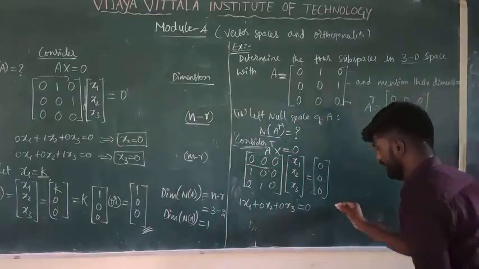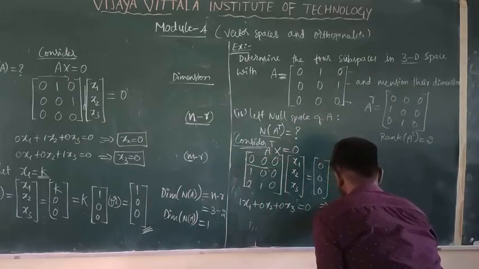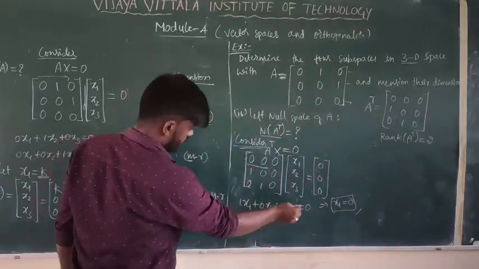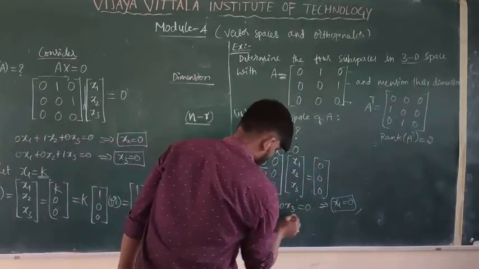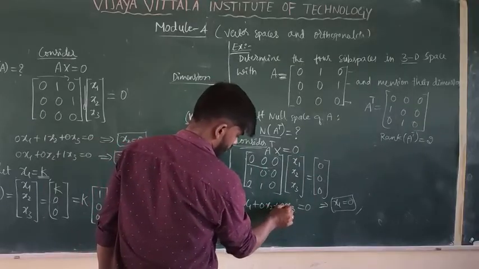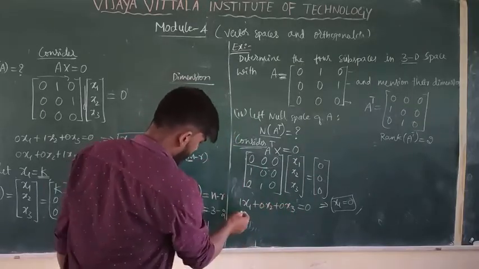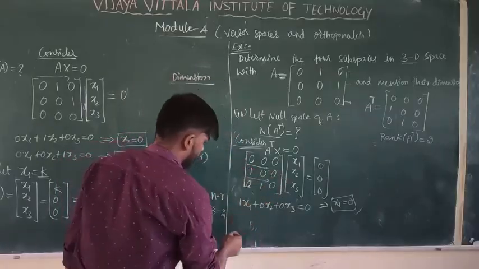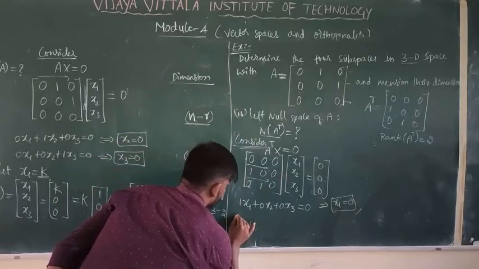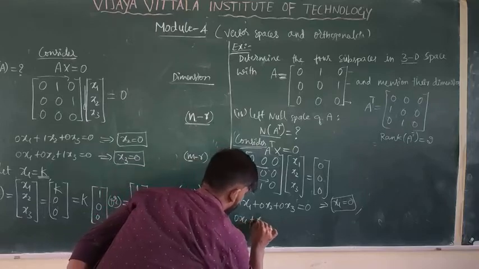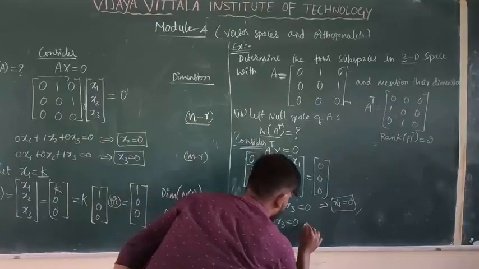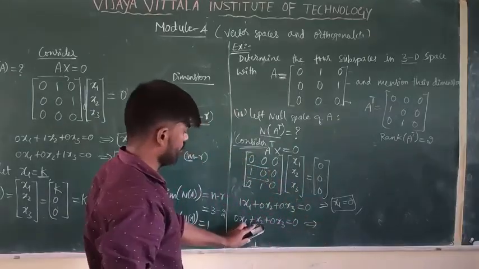From this we get x1 is equal to 0. In the third row, 0x1 plus x2 plus 0x3 equals 0. From this we get x2 is equal to 0.